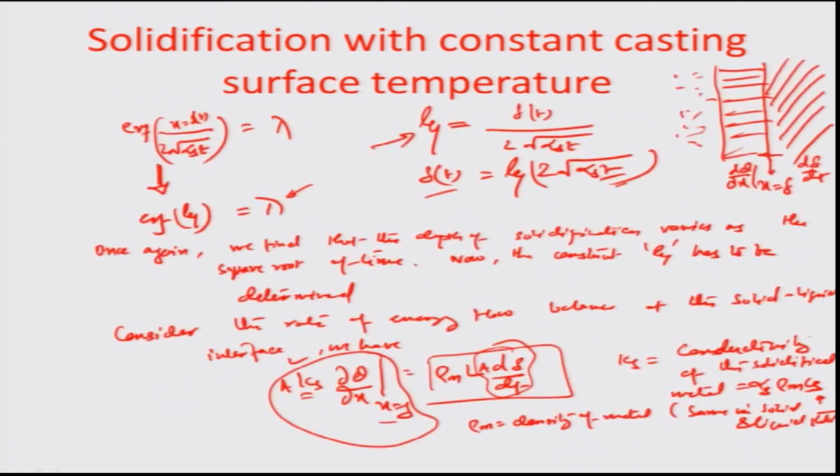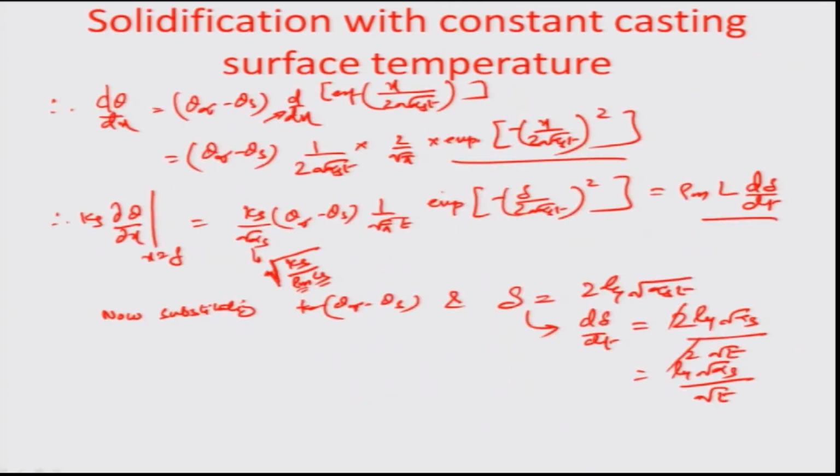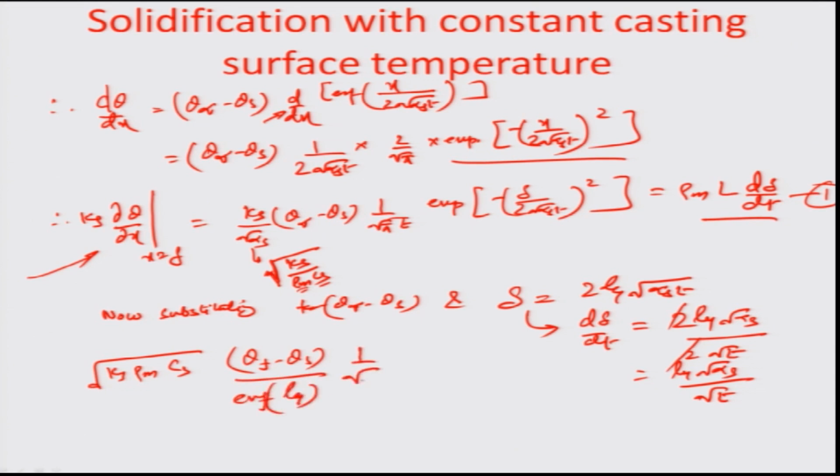So, if I just substitute this value here on the expression which I formulated in the last step, let us call it equation 1, then we have root of Ks rho m Cs times theta f minus theta s by the error function of zeta times 1 by root pi t e to the power of minus zeta square equals rho m L zeta root alpha s by root t.